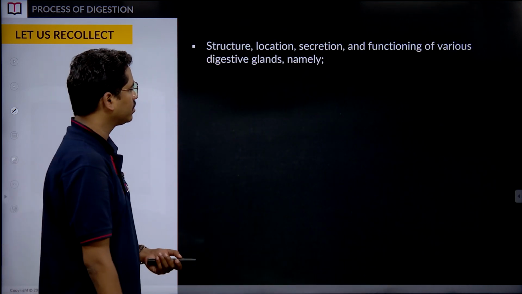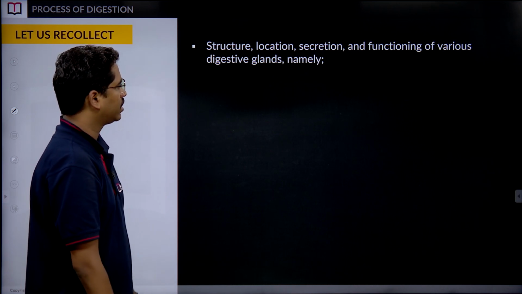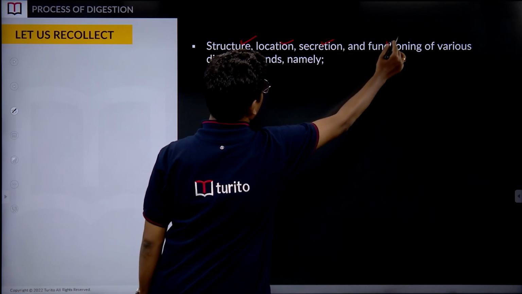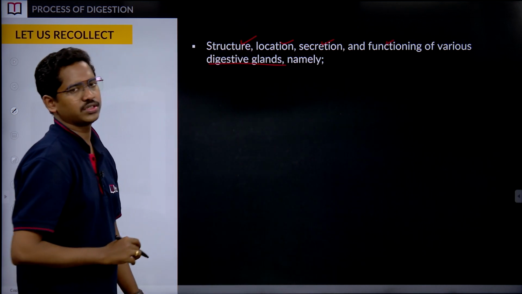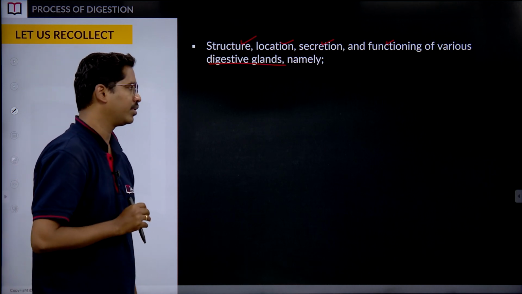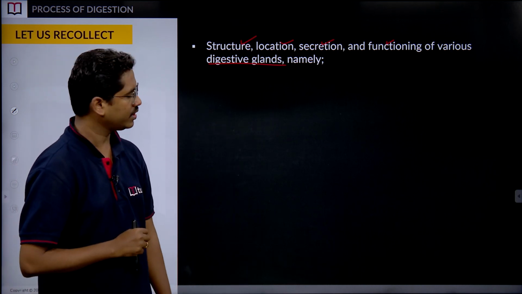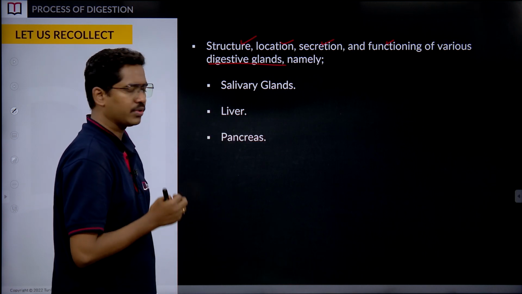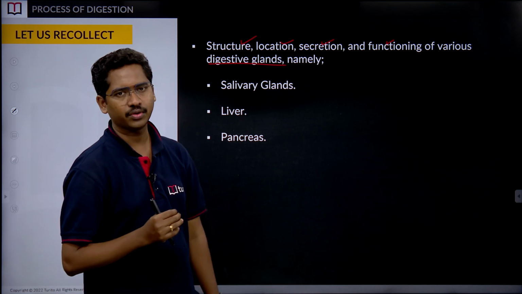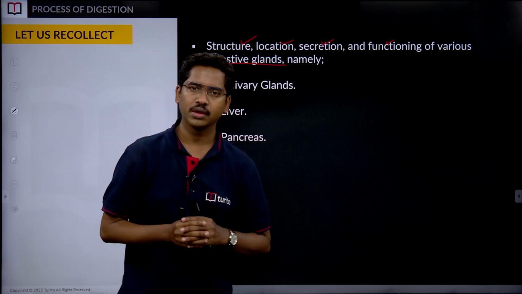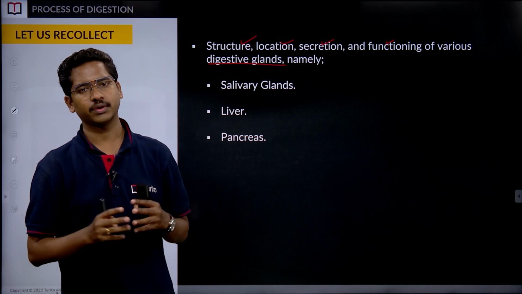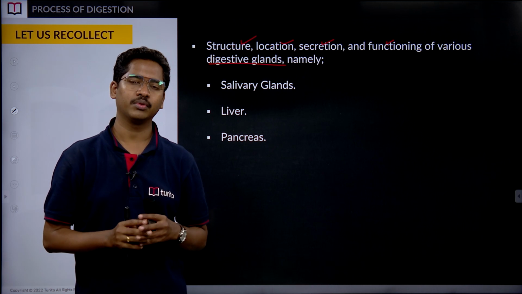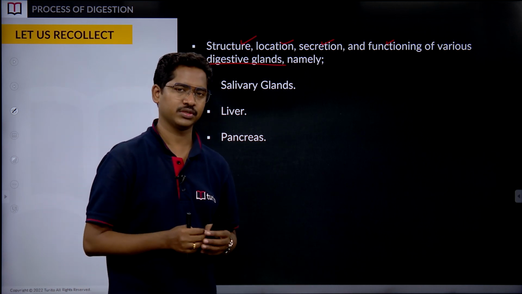In the previous session we had a detailed understanding of the structure, location, secretion and functioning of various digestive glands, starting with salivary glands, liver and pancreas, apart from which I also explained some of the secretions released within the stomach. The stomach, even though it is not a gland, still releases some secretions and that helps us to proceed further with the process of digestion.